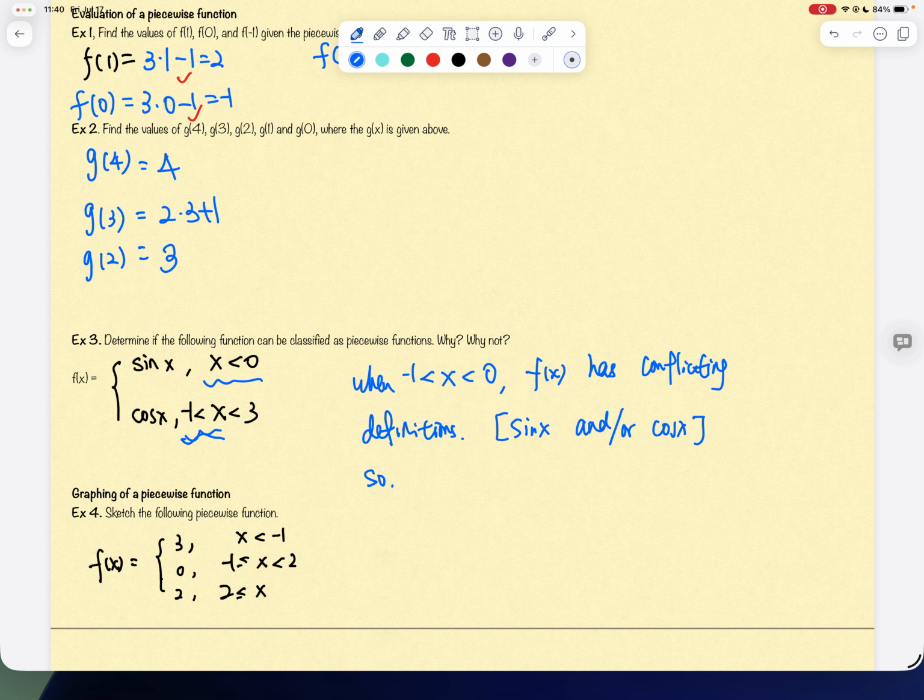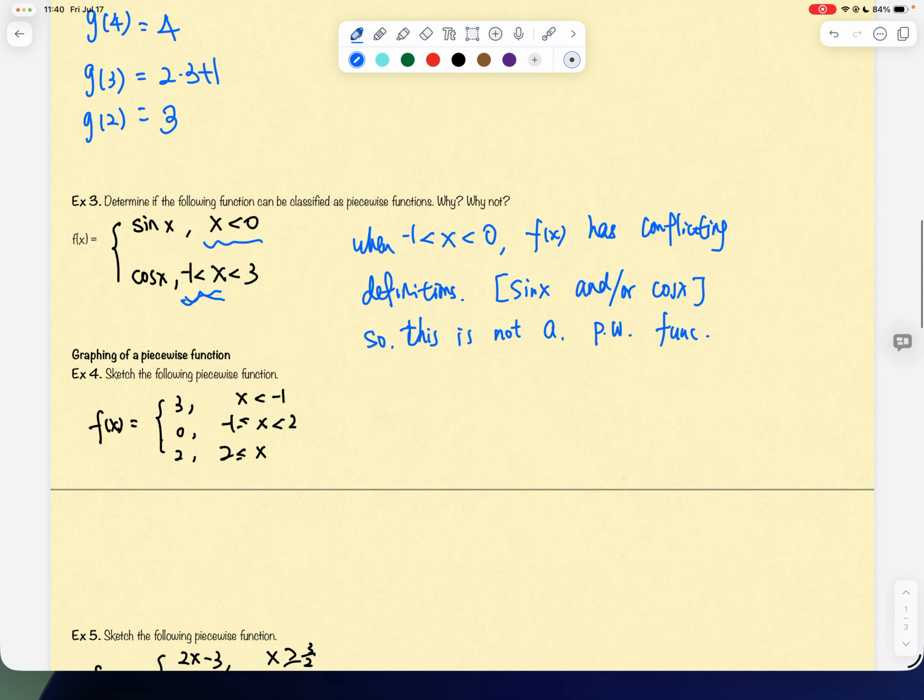So this is not a function. Or if you want, this is not a piecewise function. But I guess the piecewise part does not matter anymore. It's not a function, so I don't care what type of function you are referring to.